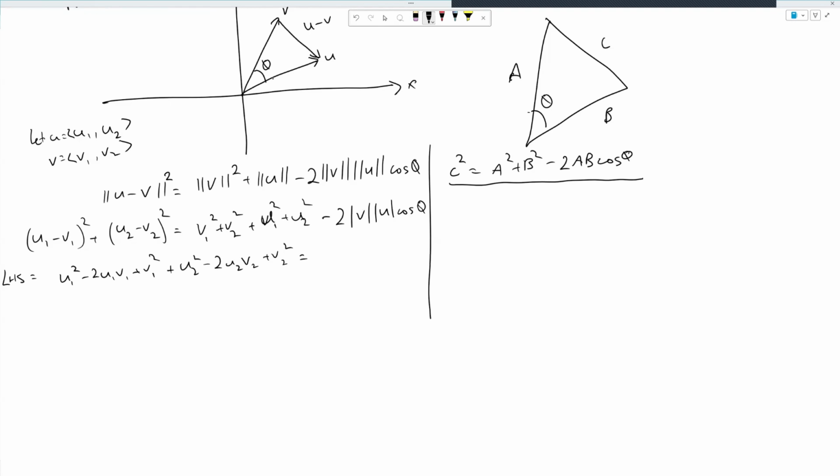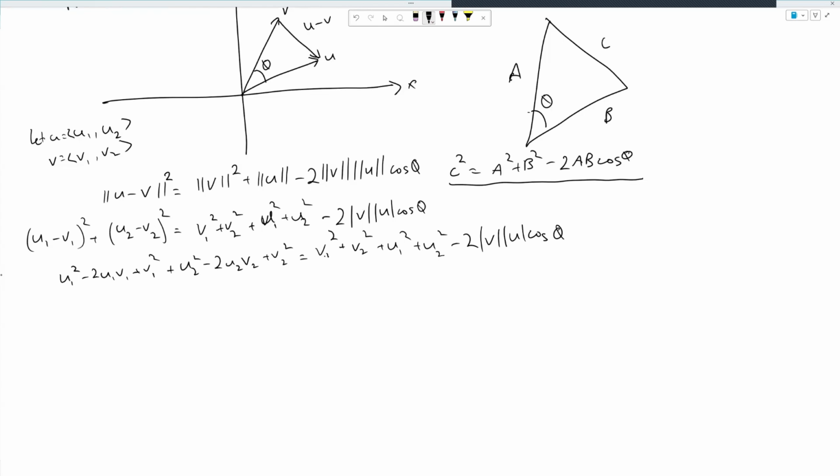Actually, you know what? I should write it down. I'm getting a bit lazy. Cool. So v1 squared plus v2 squared plus u1 squared plus u2 squared minus 2vu cosine theta. Okay, so I'll get rid of that.